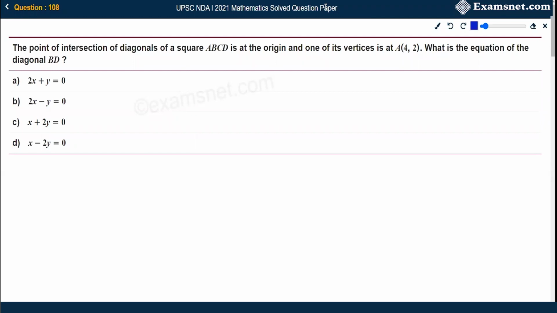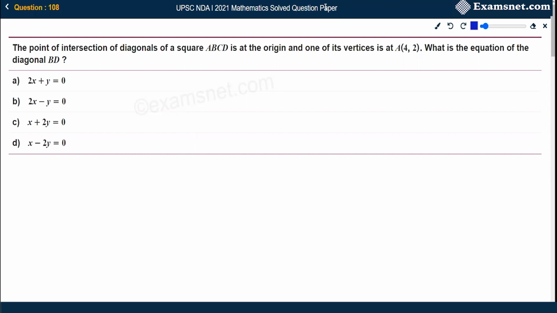The point of intersection of diagonals of a square ABCD is at the origin, and one of its vertices is at A (4, 2). What is the equation of the diagonal BD?